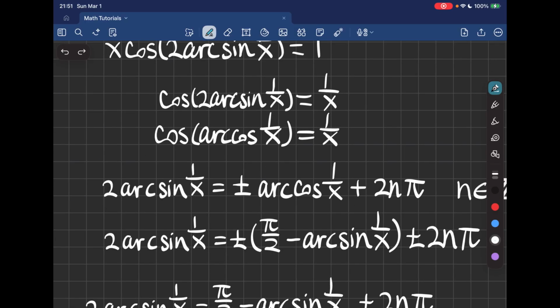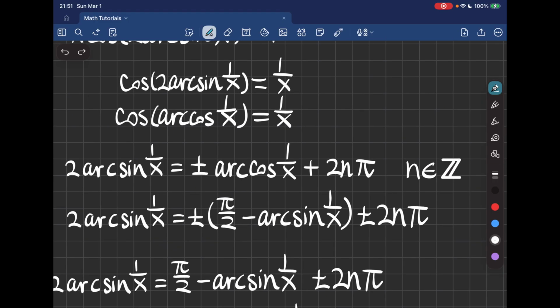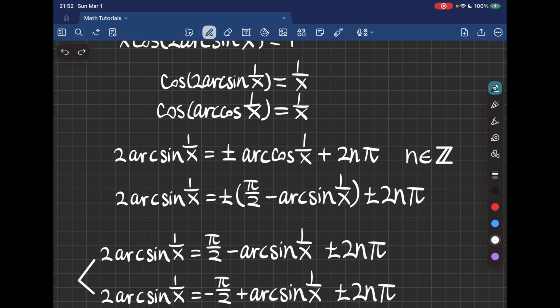Notice that 1 over x also equals cosine of arc cosine 1 over x, and that will help us write something down below. So this part equals this part, right? We can write it in an even more elegant form, although it's a bit long: 2 arc sine 1 over x equals plus or minus arc cosine 1 over x plus 2n pi, where n is an integer.